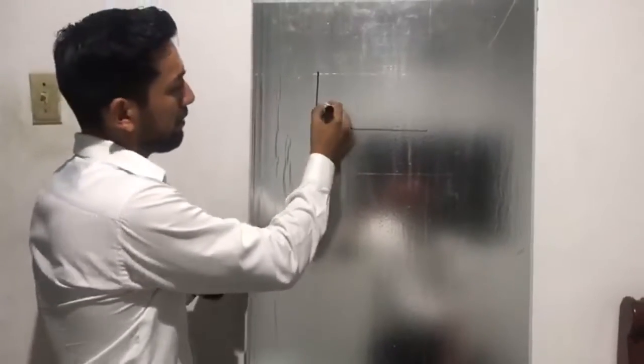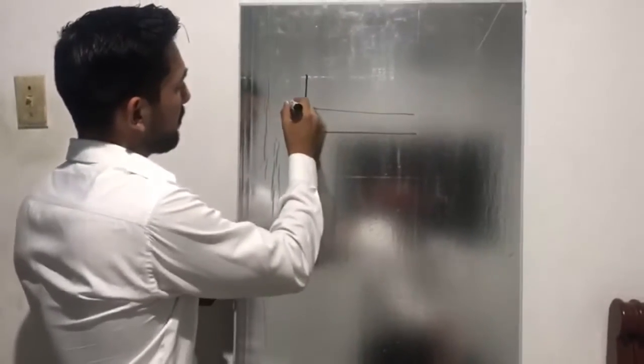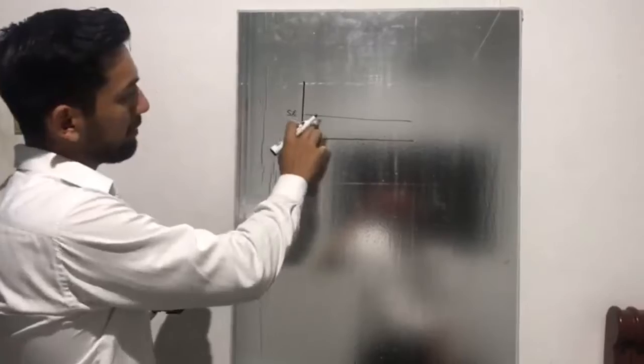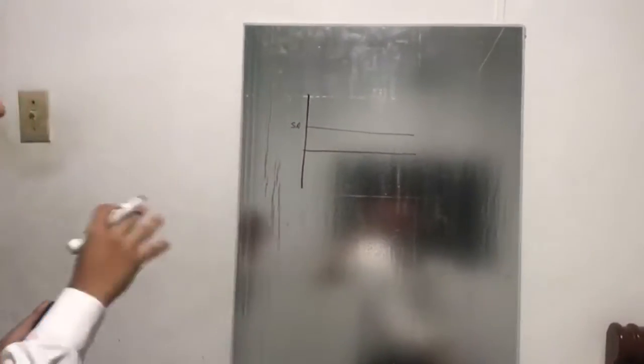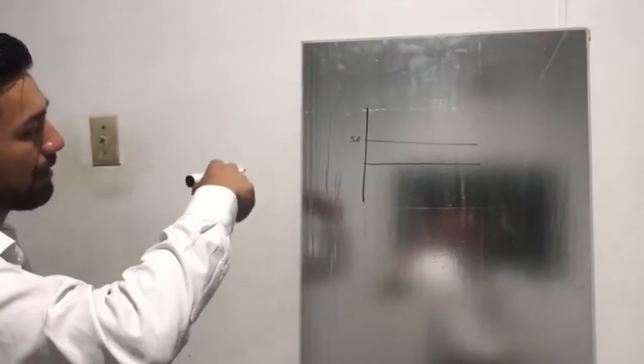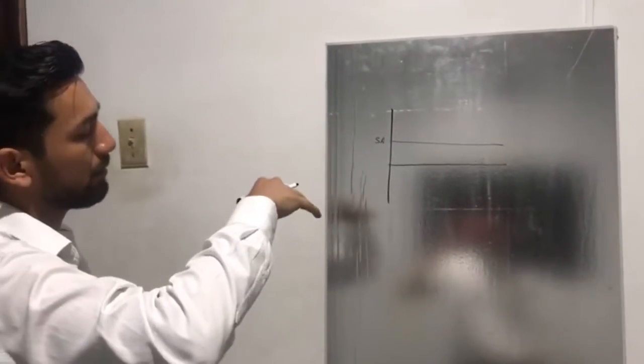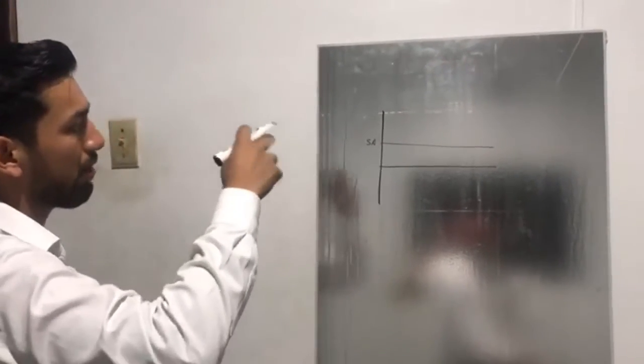For example, this is the DC component, and the AC component is the variable that is sinusoidal around the DC component.